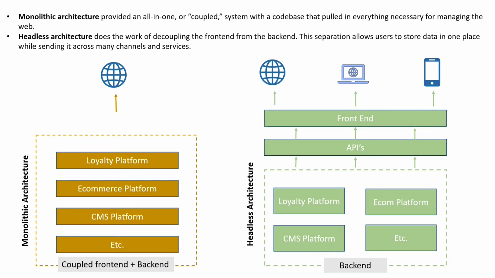A traditional monolithic platform connects its front end and back end technologies in a tightly coupled system. So we can say that it is a tightly coupled architecture, as in the diagram on the left side.